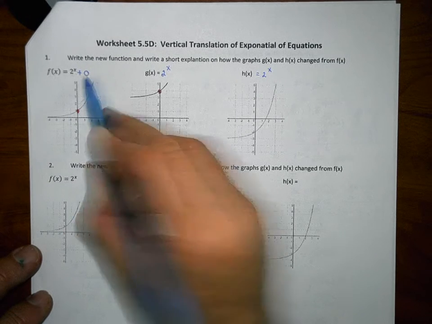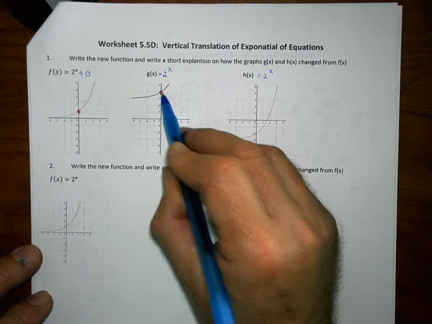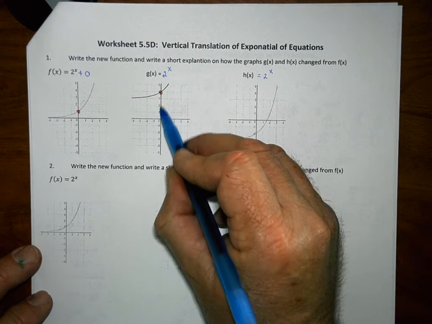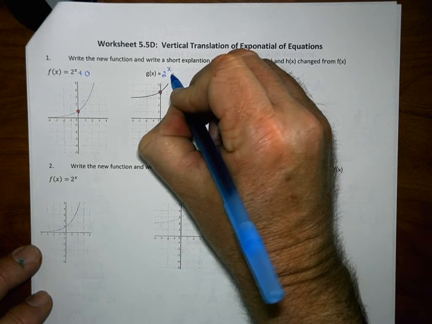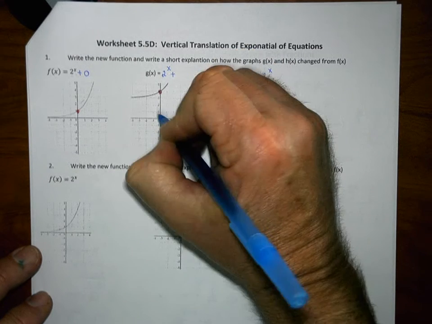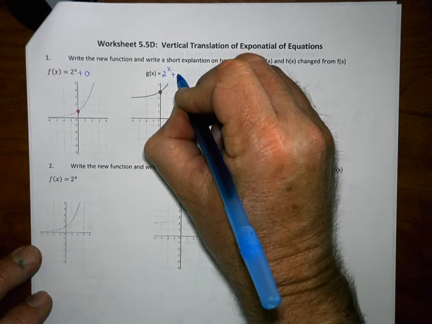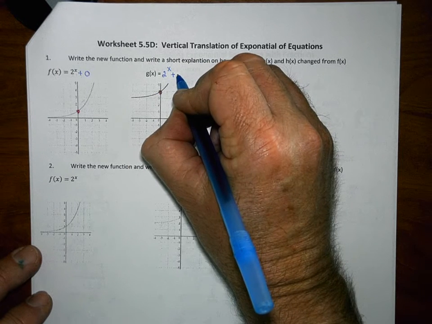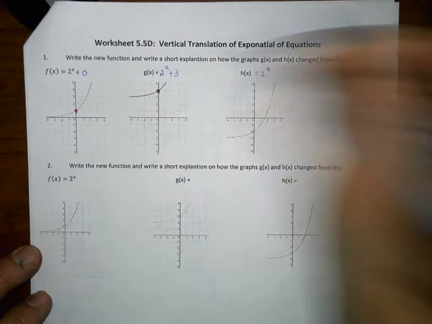So if the y-intercept of this graph was +4, we can see 1, 2, 3, 4, that means the number that tells me how to shift this is going to be 1 smaller than that. So that would be +3.